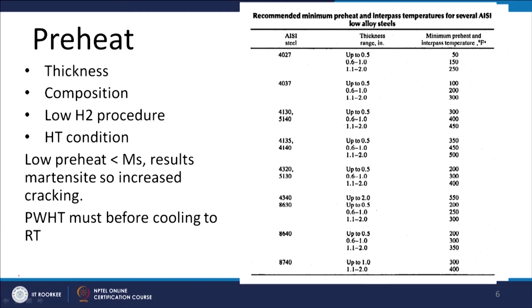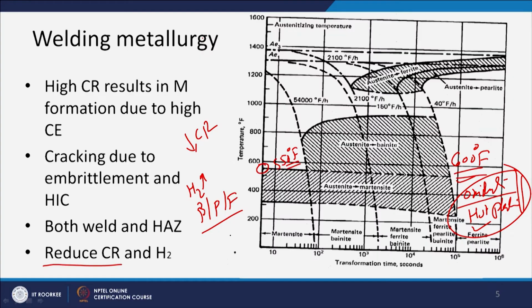Now, there are various other important aspects associated with the kind of preheat which is used, like if the preheat temperature is less than the MS temperature. If the preheat temperature is lower than the MS temperature, then the steel will be cooled rapidly, and a little amount of the austenite will be transforming into the martensite.